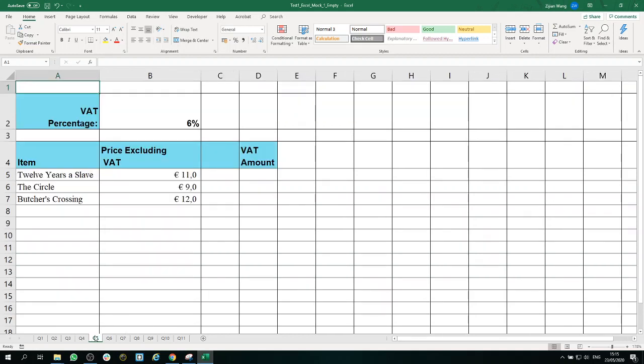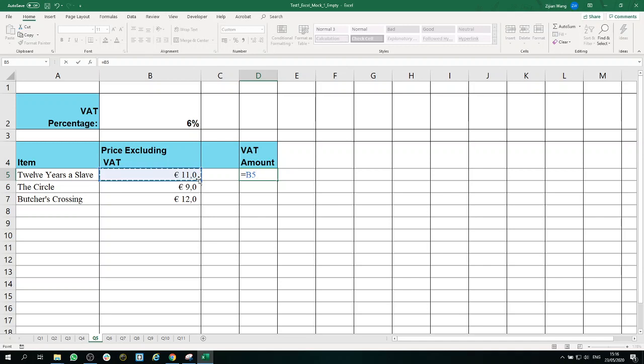Alright, the next question, question 5, is calculating the price based on the VAT and looking for a VAT amount. So we have the VAT percentage, and now we just need to know the VAT amount. We have done this many times.